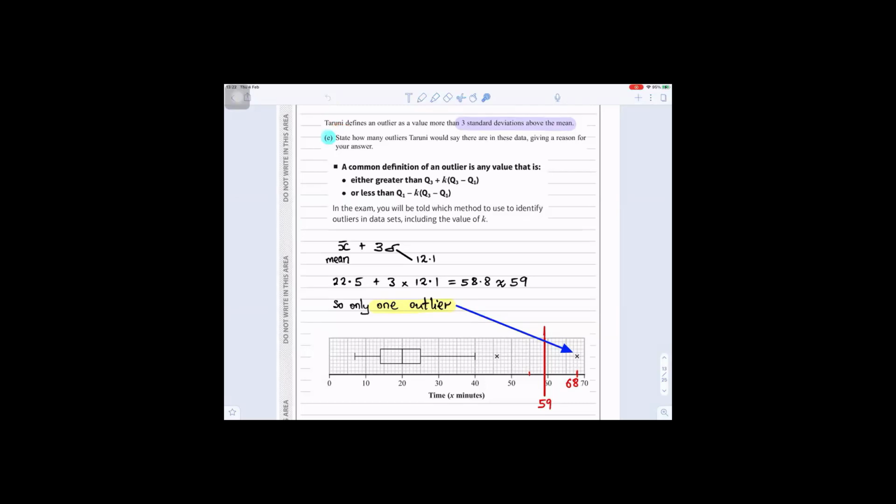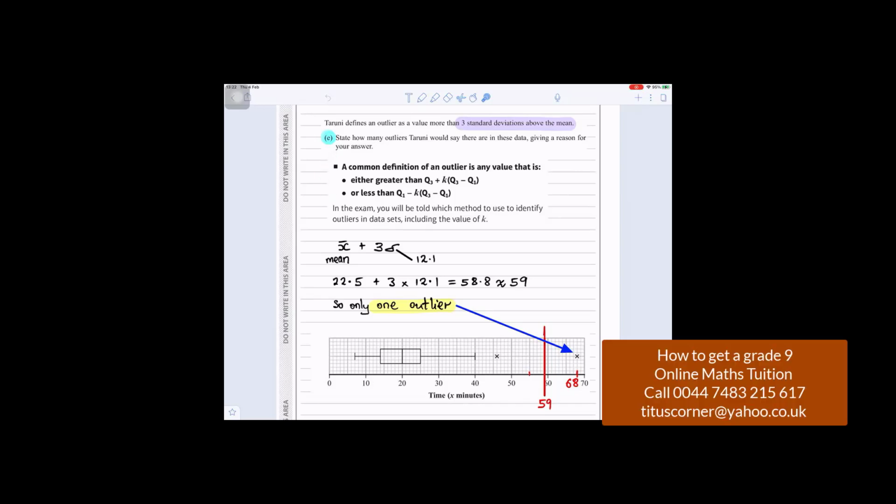Taruni defines an outlier as a value more than 3 standard deviations above the mean. State how many outliers Taruni would say there are in this data, giving a reason for your answer. So these are common definitions of outliers. And in the exam, you'll be told which method to use to identify outliers. So we've been given that it is 3 standard deviations from the mean.